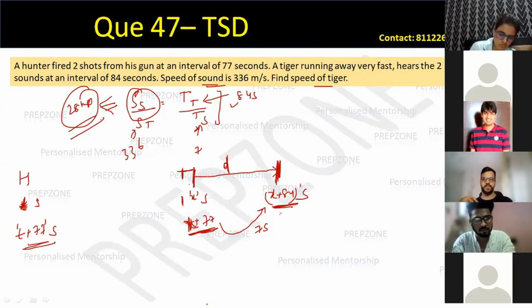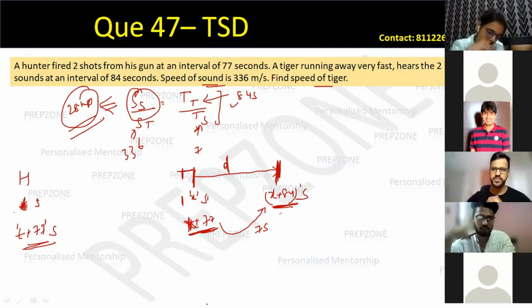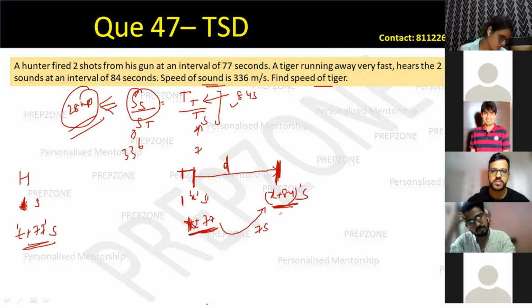So I'm assuming the tiger hears the first shot at x seconds. If the tiger did not move, he would hear the second shot at x plus 77 seconds, because the interval between the two shots is 77 seconds and the tiger is not moving.